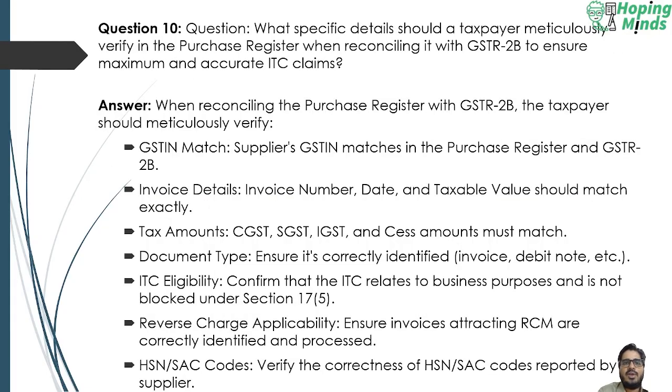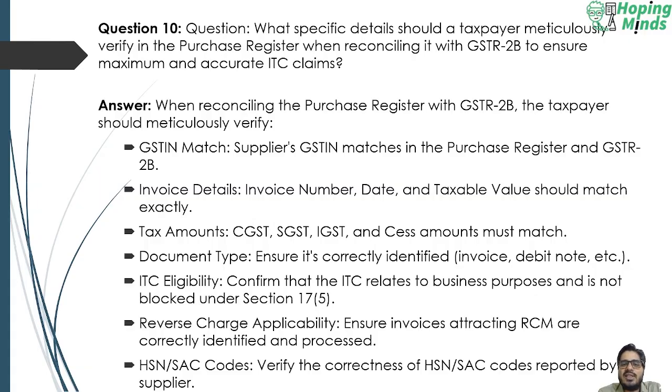So next, what specific details should a taxpayer meticulously verify in the purchase register when reconciling it with the GSTR 2B to ensure maximum and accurate input tax credit claims? When reconciling the purchase register with GSTR 2B, the taxpayer should meticulously verify the GSTIN; the supplier GSTIN must match in the purchase register and GSTR 2B.